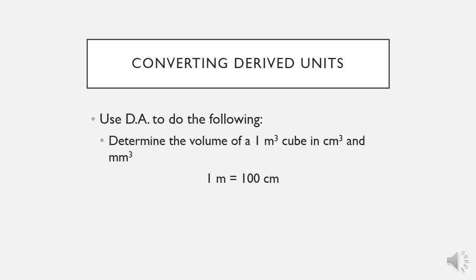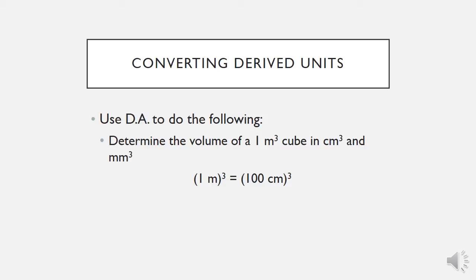So if I take my number from before, I know that 1 meter is equal to 100 centimeters. I don't have the unit meter though. I have cubic meters. So what I have to do is cube the left side in order to make that unit the same. But I have to have equal parenting. I can't do something to one side of the equal sign and not the other. So I cube the other side as well.